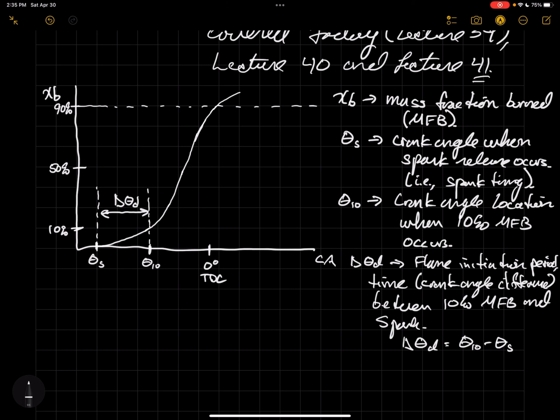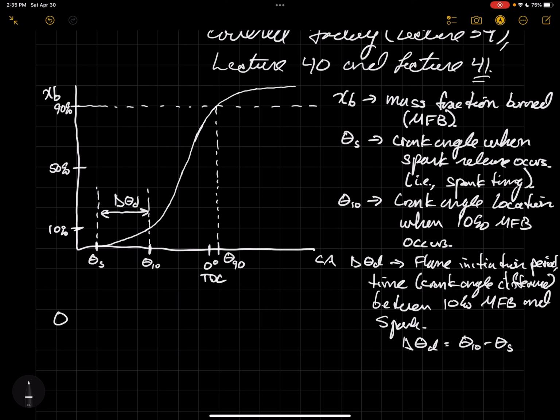And then it begins to taper off and ever so slowly rise to eventually what would be 100% mass fraction burned, okay? And so again, we can define this moment when 90% theta occurs, and it looks like it's close to TDC. That was just coincidental. But we can go ahead and define theta 90.